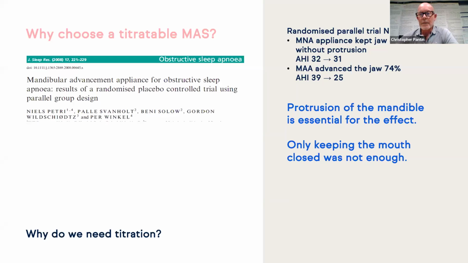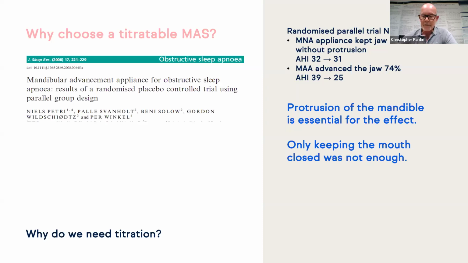So when we look up there, it was a randomized parallel trial, 81 patients. The mandibular non-advanced appliance, which just kept the mouth closed without protrusion, did change the AHI, but very minimally, from 32 to 31. And then the advancement of the jaw, which was averaged at 74% protrusion, made a significant drop from 39 to 25 events per hour.